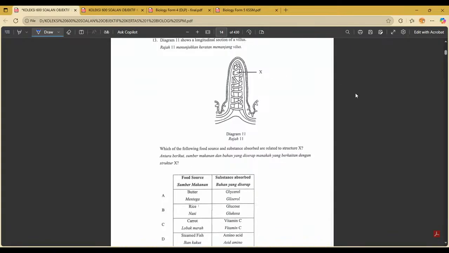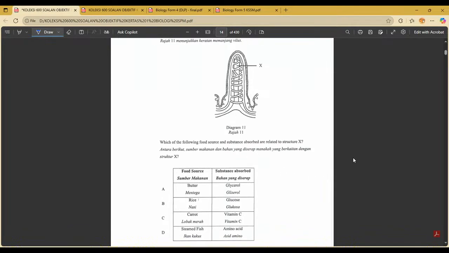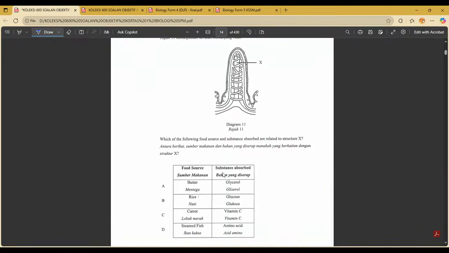That are transported into X. Fats and fat soluble vitamins, I think. If it's fats, then it's probably A, glycerol. Moving on.